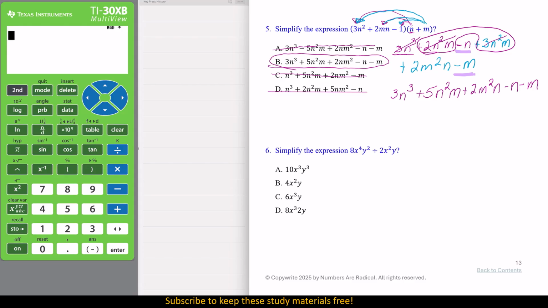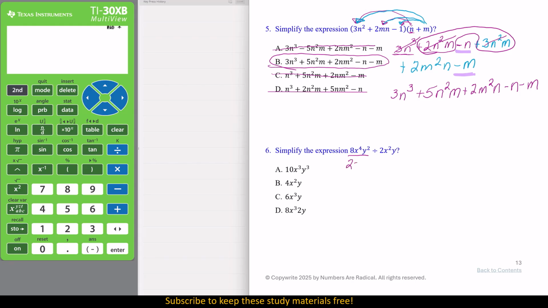Okay, let's look at number 6. Simplify the expression. For this one, this expression is 8x to the fourth y squared divided by 2x squared y. We need to divide and go through the process. So I'm going to go ahead and move this over here.